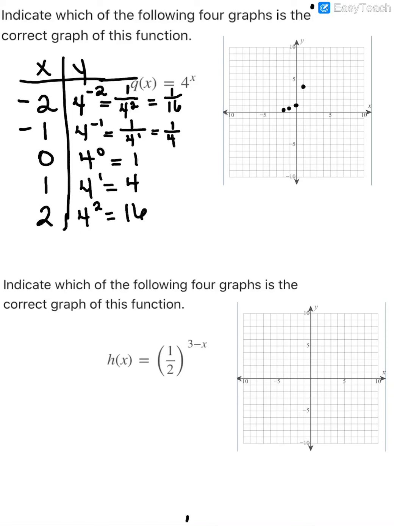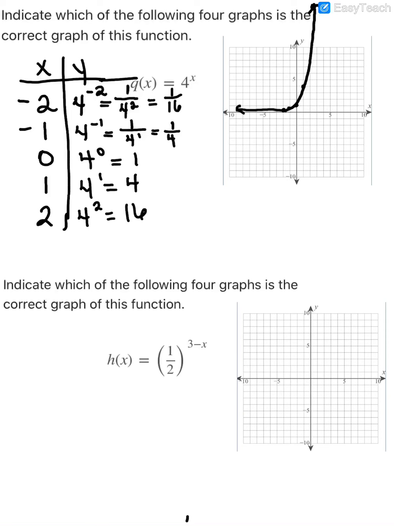Now, you'll notice as the points went to the right, they were increasing, and the further they went, the steeper they got. The other thing that should happen here is because you have a positive 4 as your base, you're never going to plug in a number that gives you a negative answer. So what we say there is that part of the graph follows the x-axis with a horizontal asymptote.